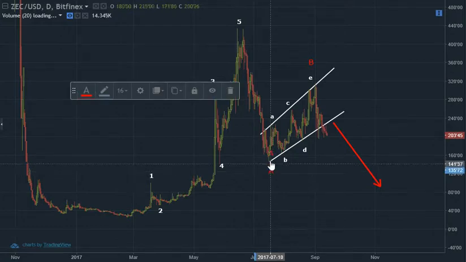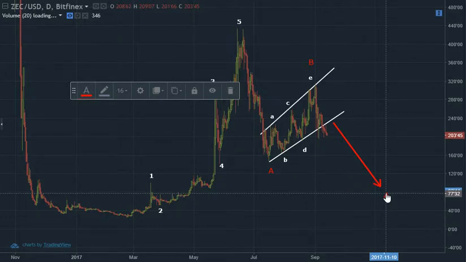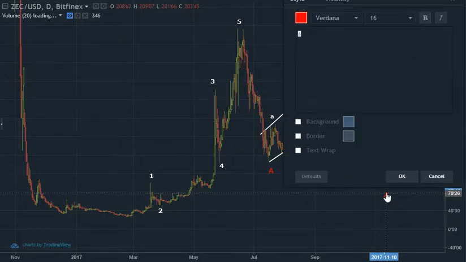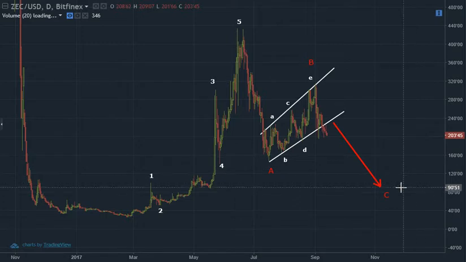And this decline in price, I wouldn't be surprised if it is highly correlated with Bitcoin correction towards this massive wave 4 bottom. The key question is, will this be the bottom at around $91, let's say? I don't know.